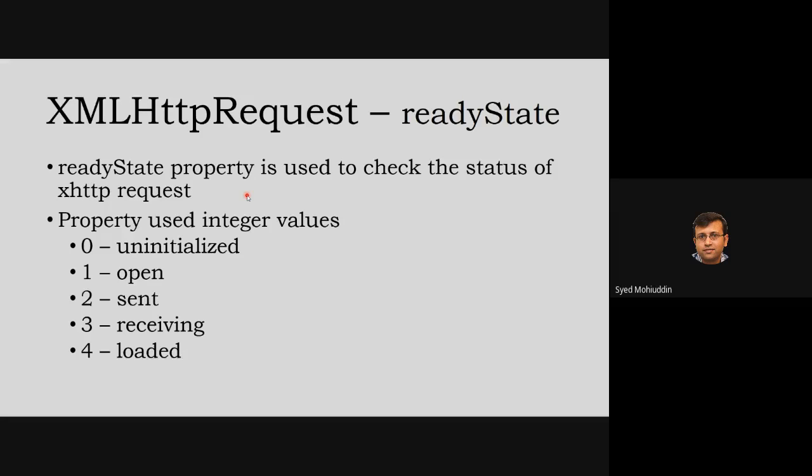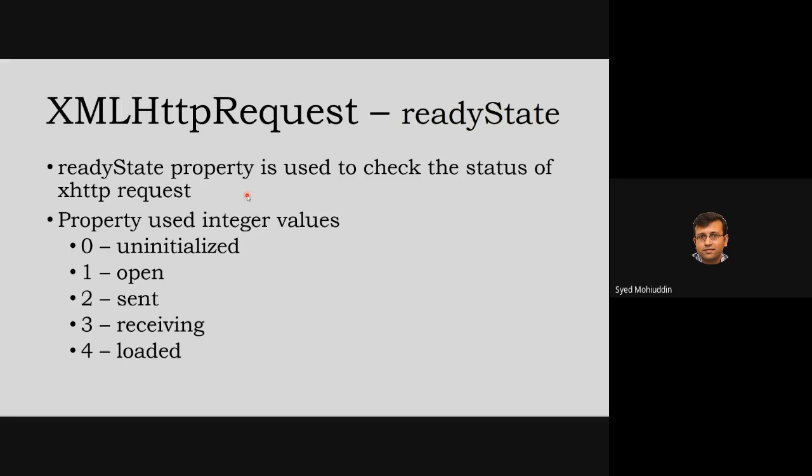This dot ready state equal to 4 is the value because if it is 0, that means the request object is not yet created. If it is 1, it means the statement xhttp dot open is still opening the connection. 2 means the browser has sent the request for the connection.